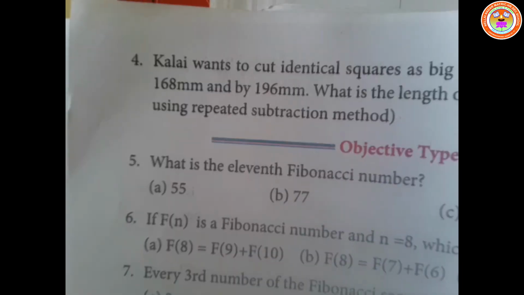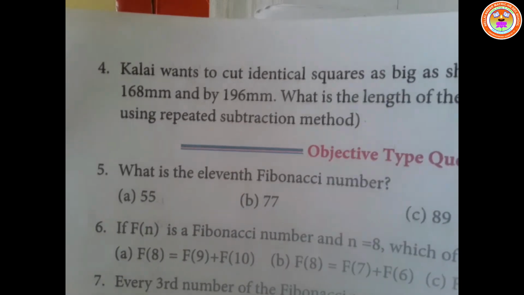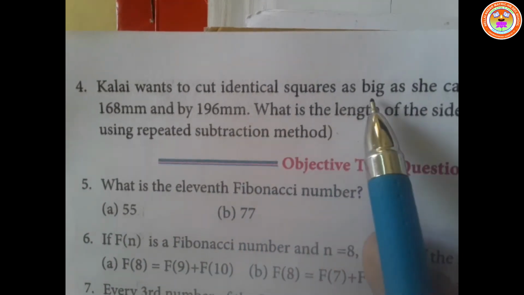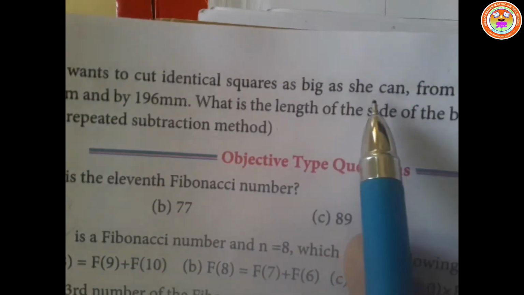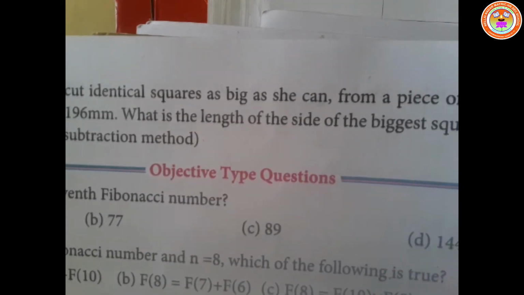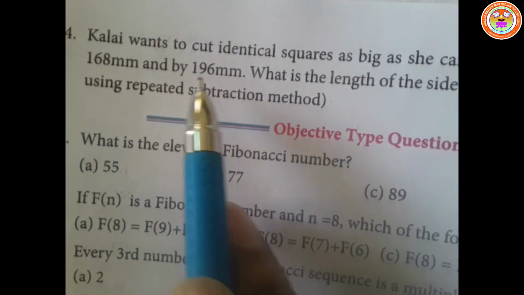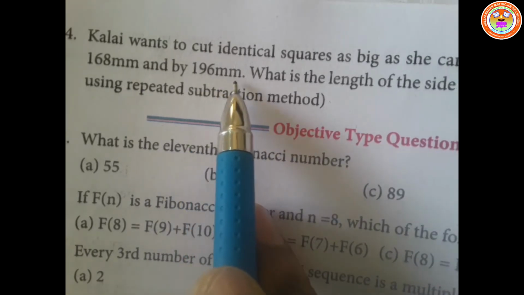Now we'll move on to the next question. The fourth question is, Kalai wants to cut identical squares as big as she can from a piece of paper measuring 168 millimeter by 196 millimeter.